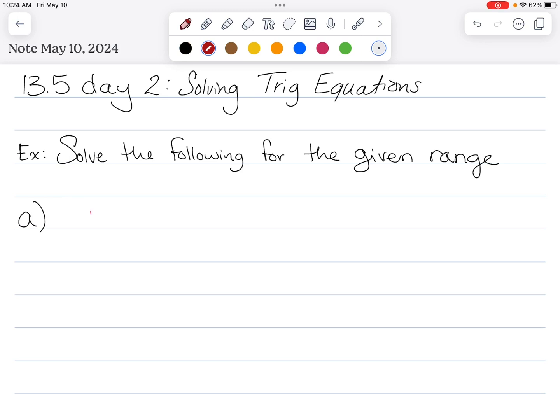So you're going to see problems such as cosine of 2 theta plus cosine theta plus 1 is equal to 0. And this is going to be for all theta in degrees.